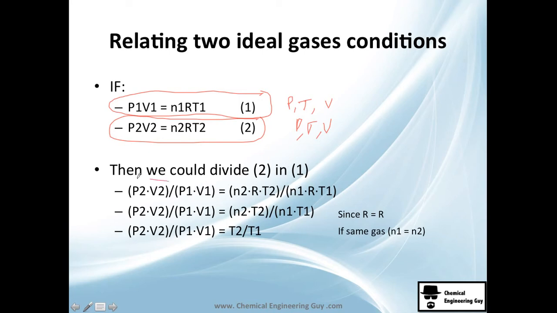We will get pressure 2 up, 1 down. And since R is a constant, we can get rid of R. And most importantly, what happens if the moles are the same? We can also take them out. So this equation right here is very important because we will be relating volume and temperatures so easily.